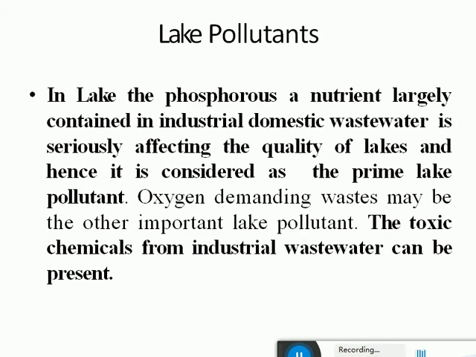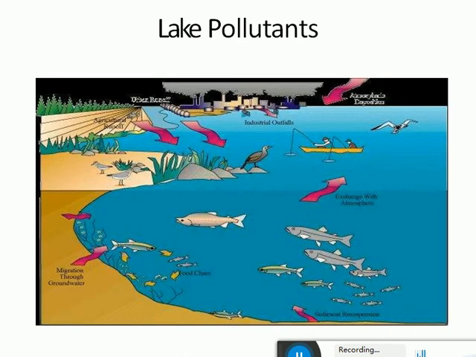The pollutants majorly present in industrial wastewater and domestic wastewater, including phosphorus and nitrates, greatly affect the lakes. Toxic chemicals present in industrial wastewater also affect the water quality, especially in lakes, and damage aquatic life.